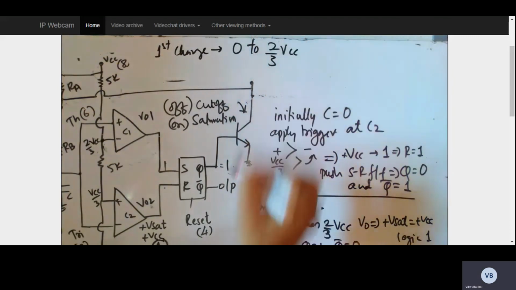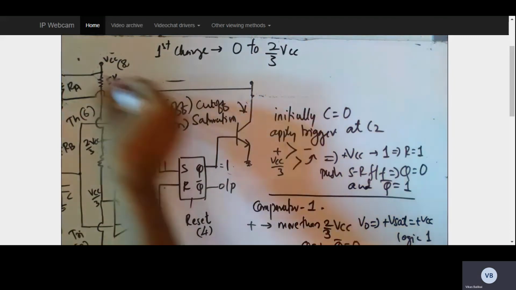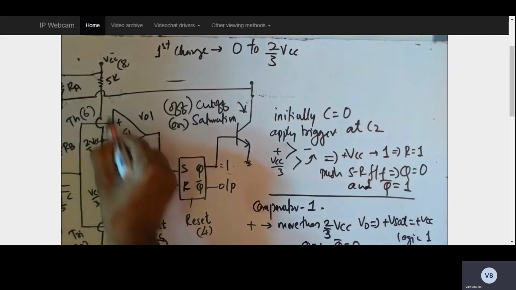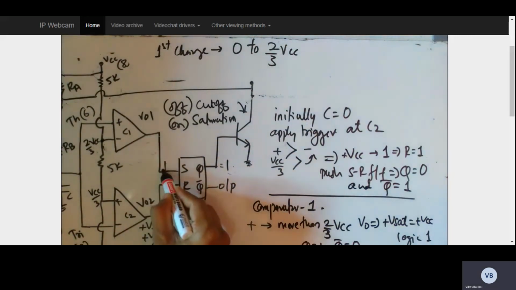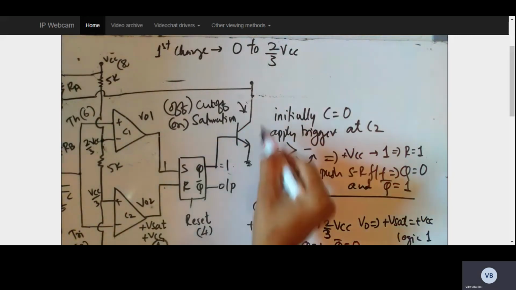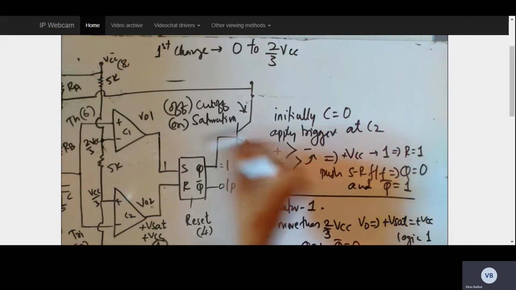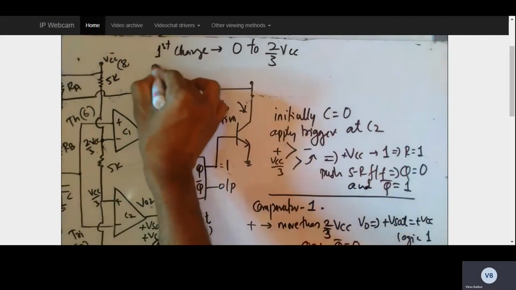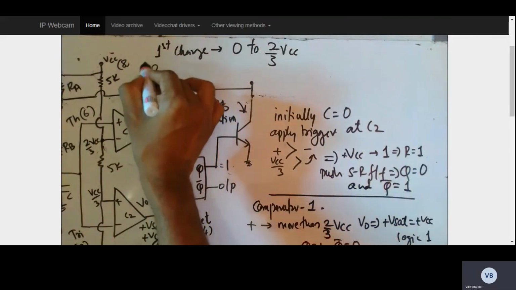Remember, as soon as the transistor was off, the charging started to happen and it reaches 2 by 3 VCC, and as soon as it is about 2 by 3 VCC, comparison occurs and 1 is the output of this comparator, and as a result Q will be 1, and as a result this transistor is on and the capacitor discharges. So basically the first charging will be from 0 to 2 by 3 VCC. And what about the first discharge?